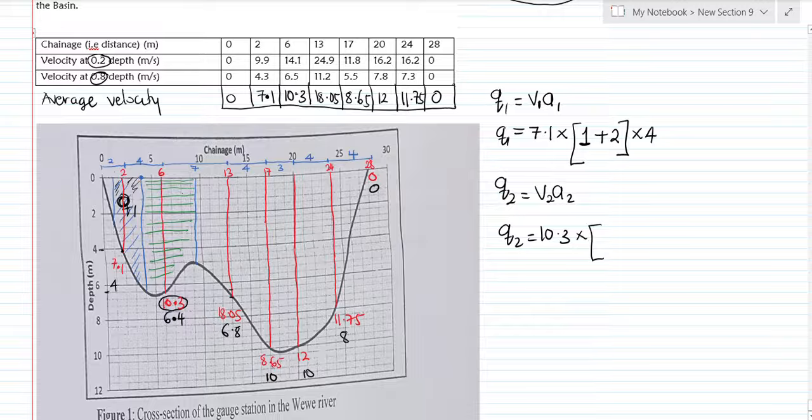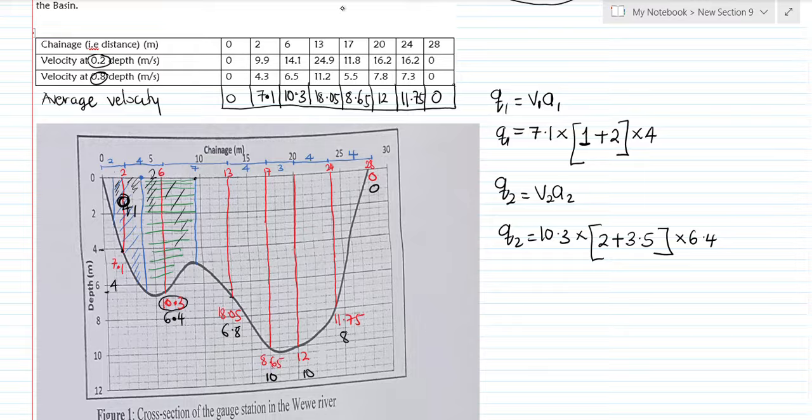The area is the distance at this side, which is 2, plus the distance at this side, which is 3.5, times the depth there, which is 6.4. You get it?